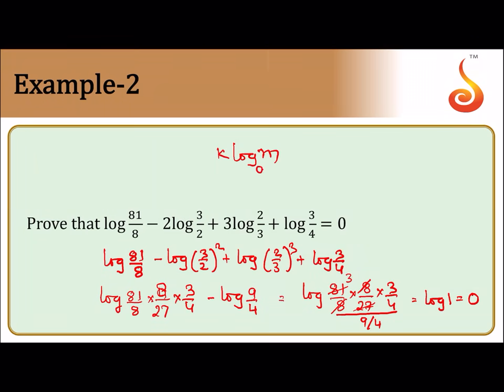So log m plus log n, the properties we used. I'll write the properties also. What properties did we use? Suppose k is there and m is there, so we used log base a of m to the power k. This is the property we used for this case.